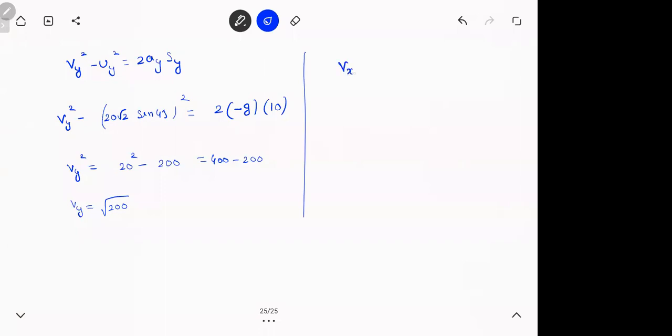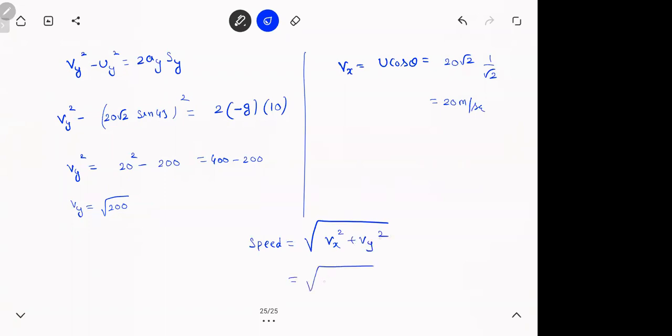What is Vx? Vx is u cos theta, which is 20 root 2 again cos 45. If someone asks you speed, speed is not Vx or Vy; it is the horizontal component square plus the vertical component square. So that would be 20 square plus 200, that is root 600, 10 root 6.